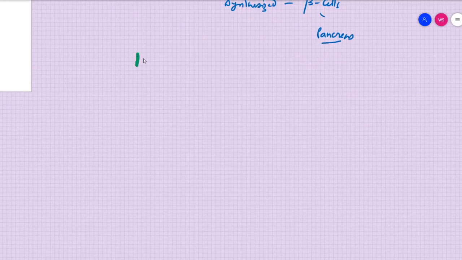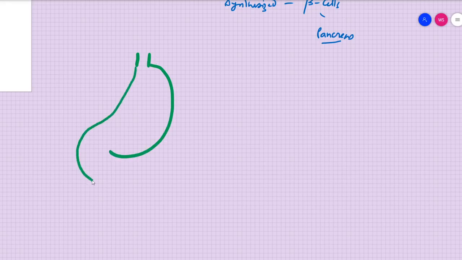So let me very diagrammatically try to draw what we are talking about.